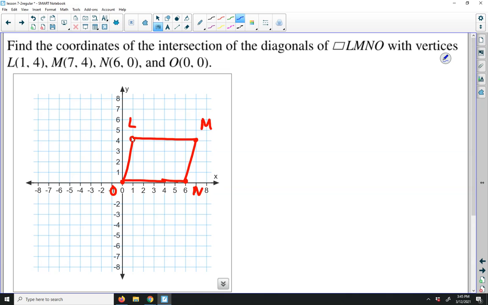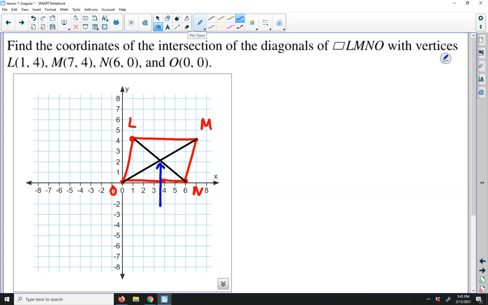Okay, so the next thing they ask us for is the intersection of our diagonals. I would recommend taking a straight edge and connecting the diagonals together, and then we are supposed to name the point of intersection.